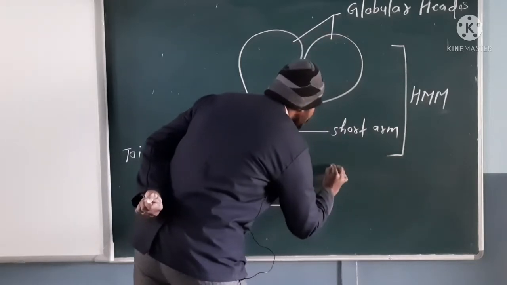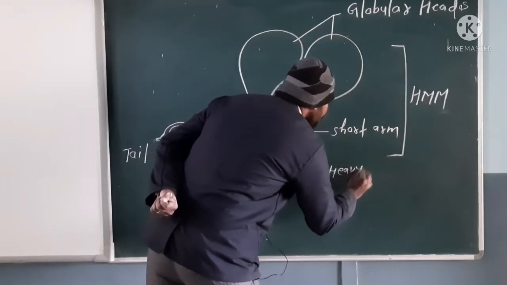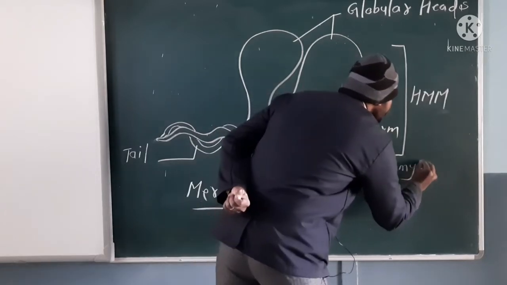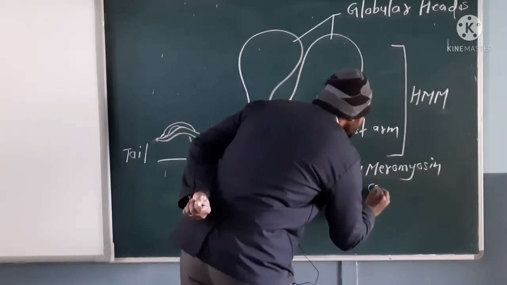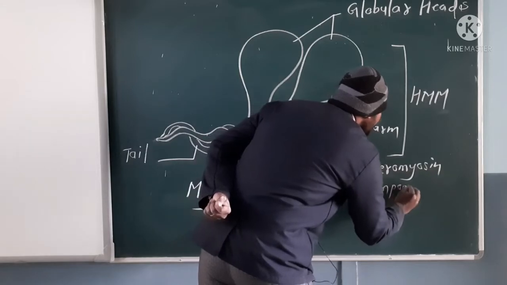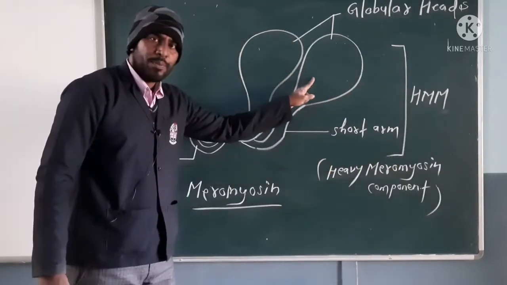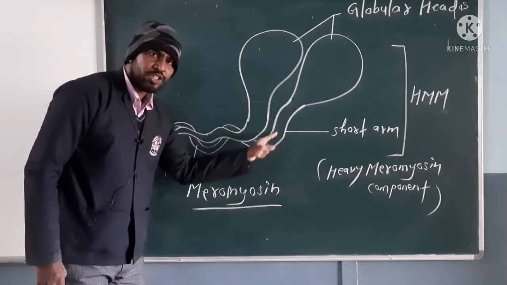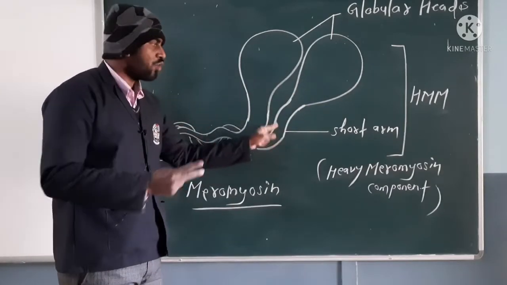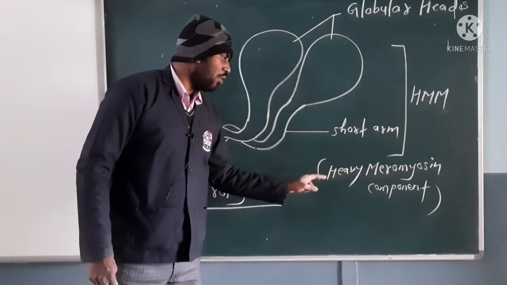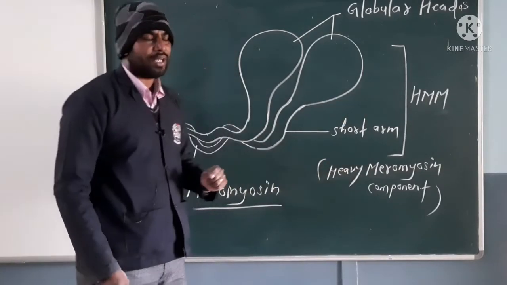I am writing here, heavy meromyosin component. And this heavy meromyosin component is made up of the globular head as well as the short arm. These two structures of myosin constitute the unit HMM, or heavy meromyosin component unit.